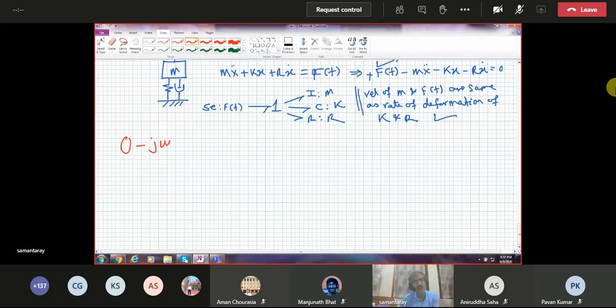Some zero junction, arbitrary, I have chosen. Something goes in. Let's say this one is out, something else in.